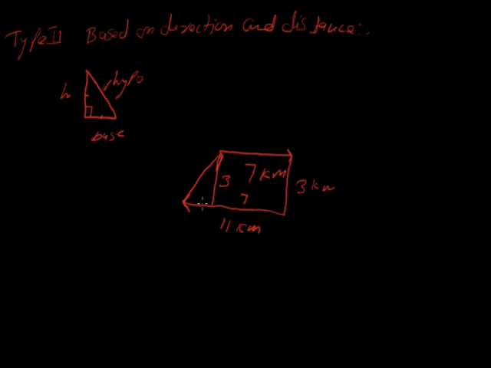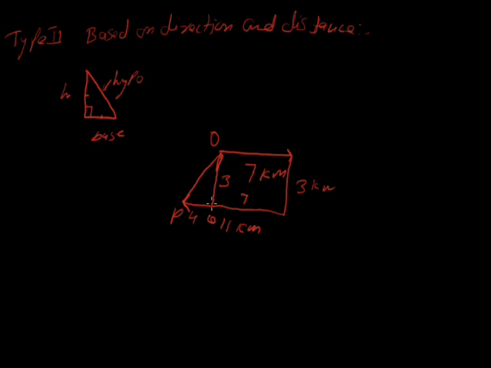And now because we have to find out how far he is from the starting point, let O be the starting point and P the final point. Now the distance between O and P is totally based on the dimension of this triangle. For example, the perpendicular is of length 3 kilometers, and let this point be Q, then the distance between P and Q is 11 minus 7, which is 4.